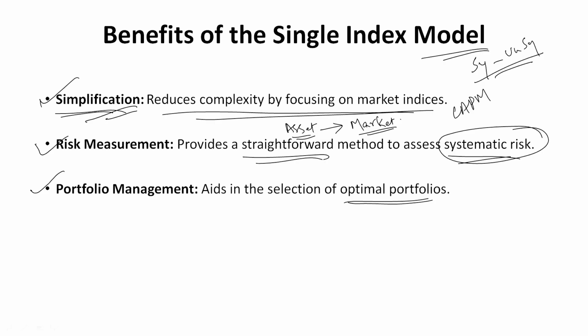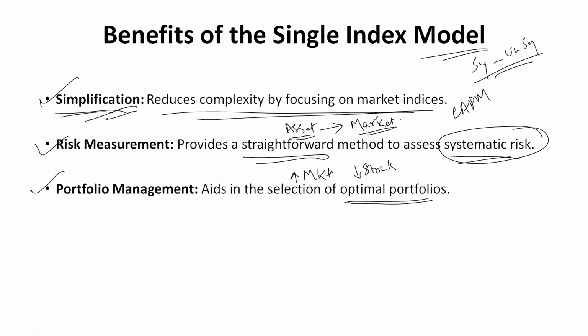The second is risk measurement. It is almost straightforward in terms of risk measurement, where, as I told you, if there is any change in the overall market, then it is reflected in the change in my stock. Okay, so it could be directly or inversely proportional.